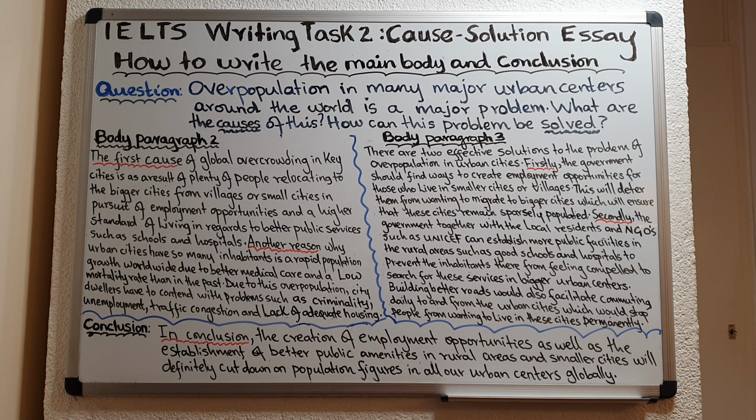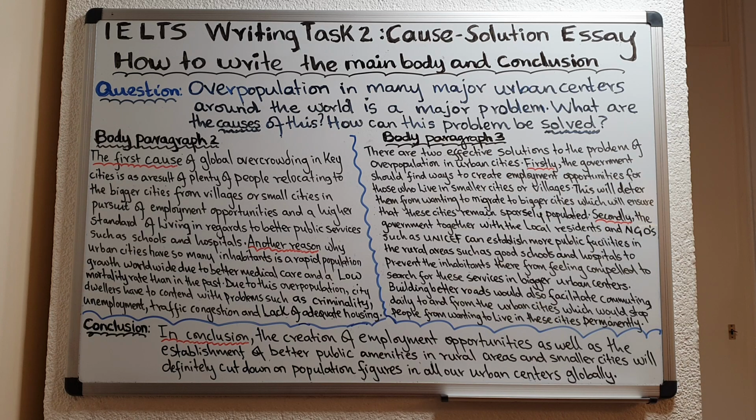So I use the linking word firstly. So firstly, the government should find ways to create employment opportunities for those who live in smaller cities or villages. So the first way to solving the problem of overpopulation is that the government should find ways to create employment opportunities for those who live in smaller cities or villages.